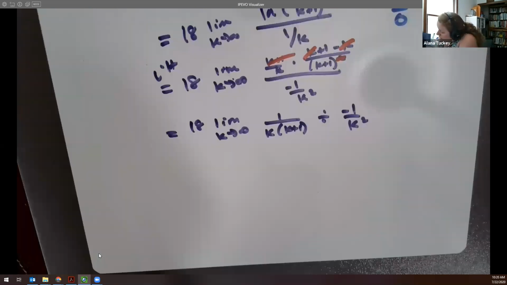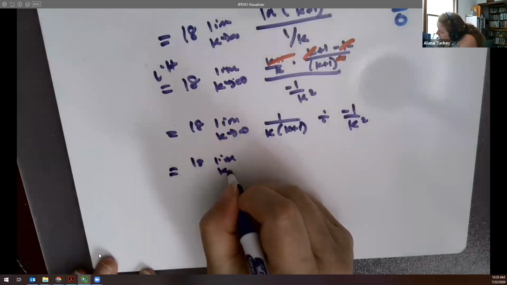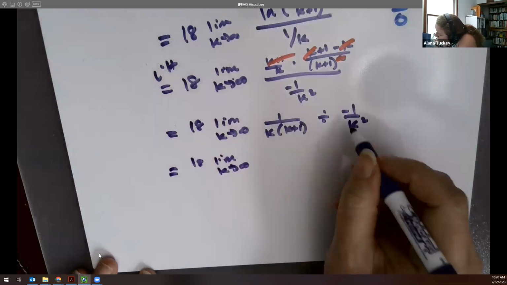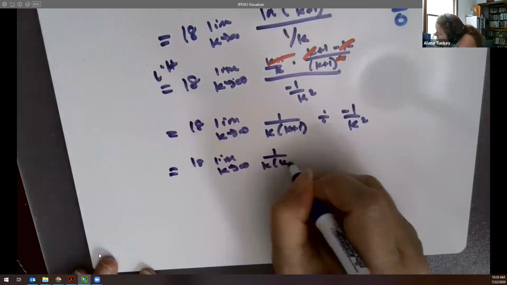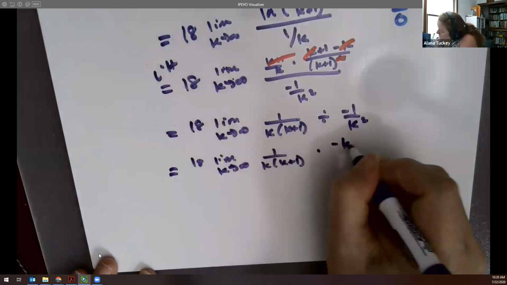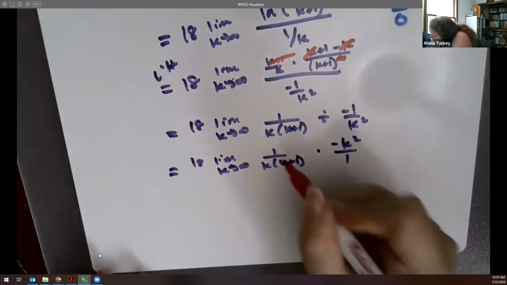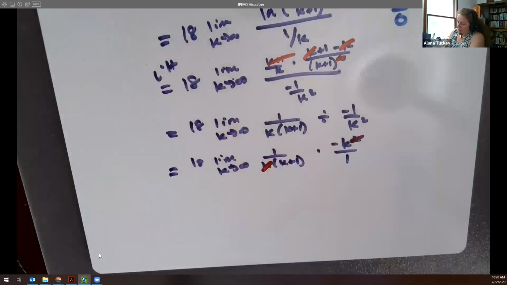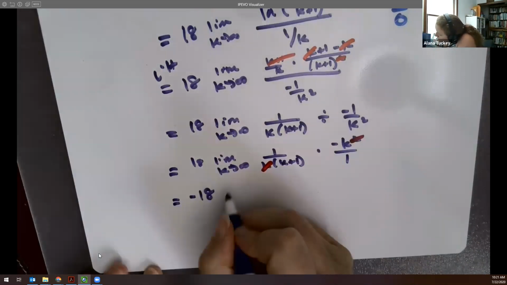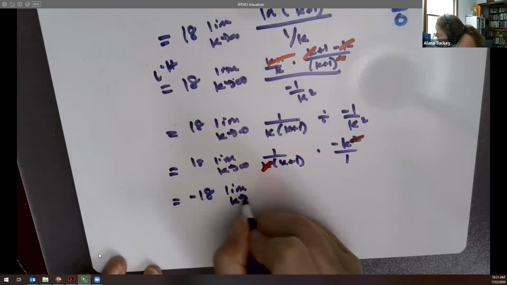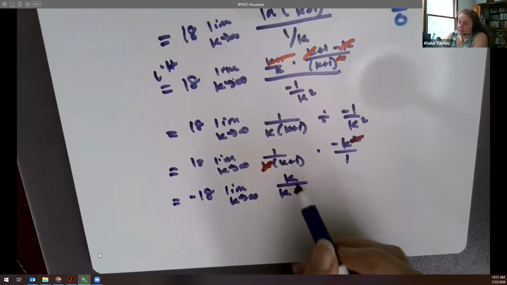Okay, so that's 18, limit as k goes to infinity of, oh, and there's a negative, yeah. So that's 1 over k times k plus 1 times negative k squared over 1. The k will cancel with that. The 18 will come out. So it's negative 18, limit k goes to infinity of k over k plus 1. Because I pulled that negative out in front because it's a constant.